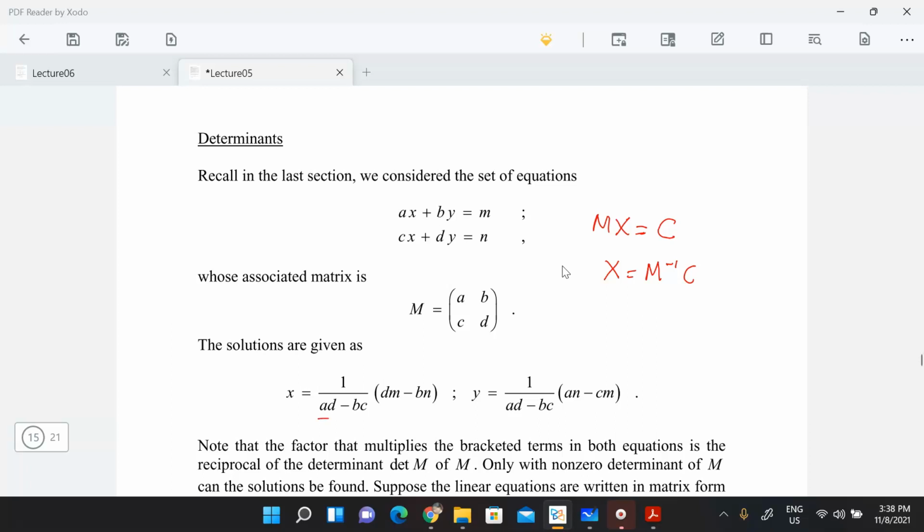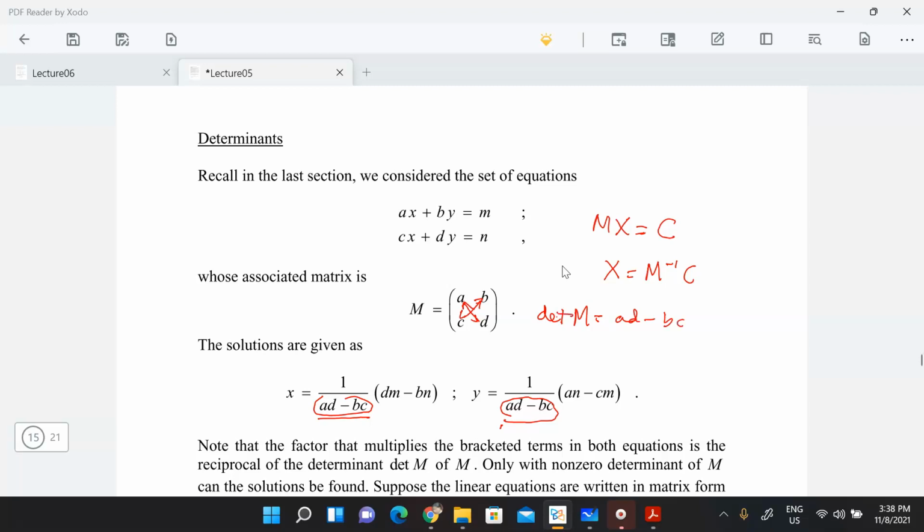You see this, I think I've mentioned this before. You have this factor on the denominator which corresponds to the determinant of this M. What is the determinant of this M? You multiply this together minus that, so this becomes AD minus BC.